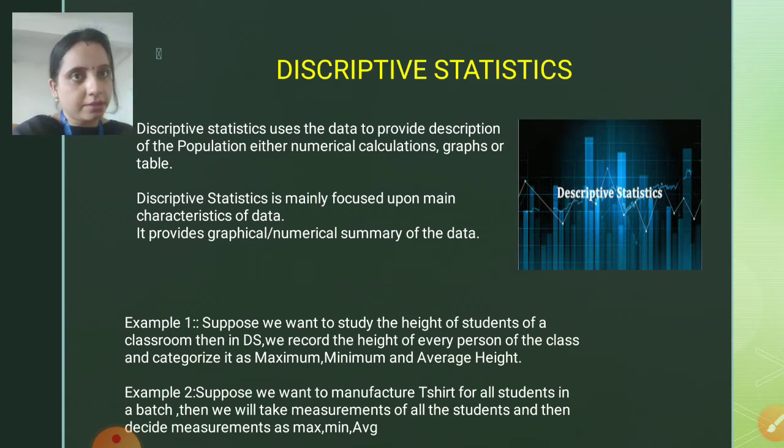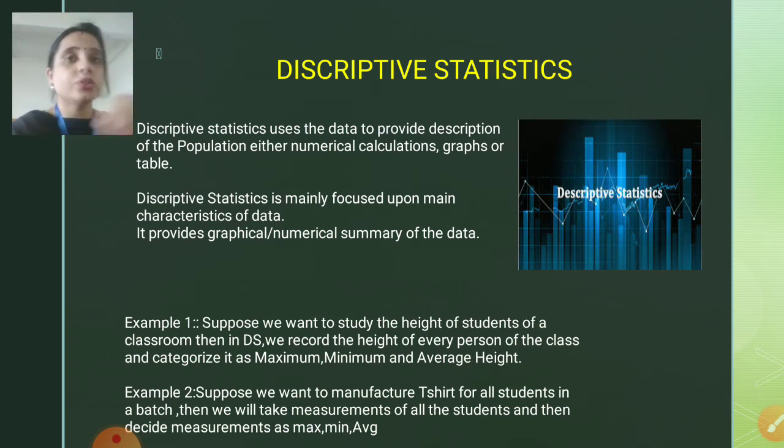I need to measure the height of each and every person, and by considering the height of every person, I can conclude that the maximum height of my class is 5.9, for example, and the minimum height is 5.1.